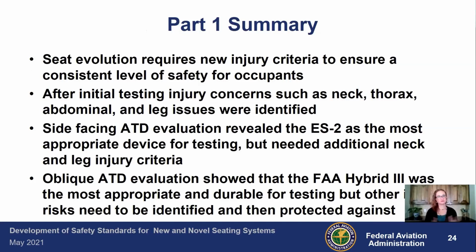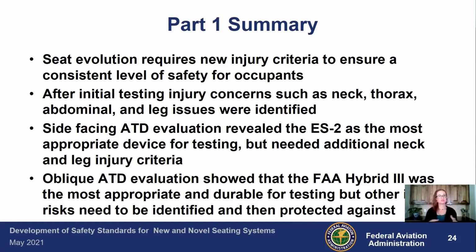So for part one, the whole reason that we started this is we saw these new seats and we saw new injury risks to the occupants in these seats. We wanted to do some initial testing at our facility in Oklahoma City and take a look at what type of injury concerns we might have based on conversations with industry and what type of structures and seats were going to be anticipated for installation.